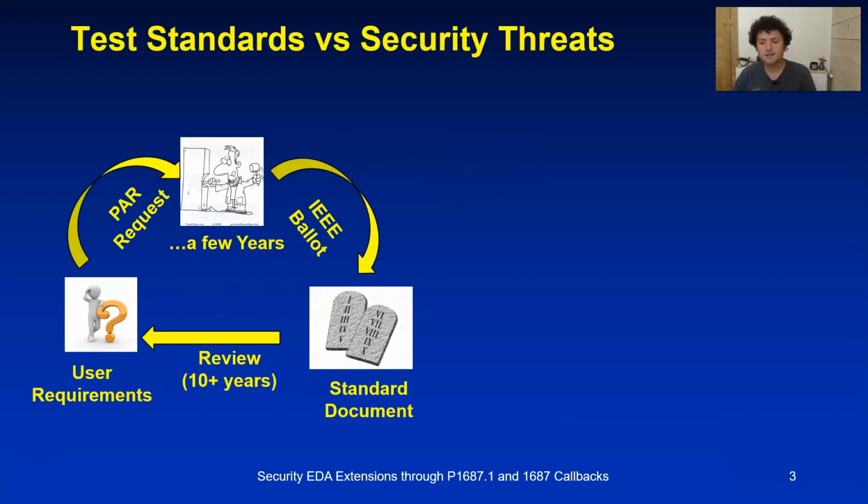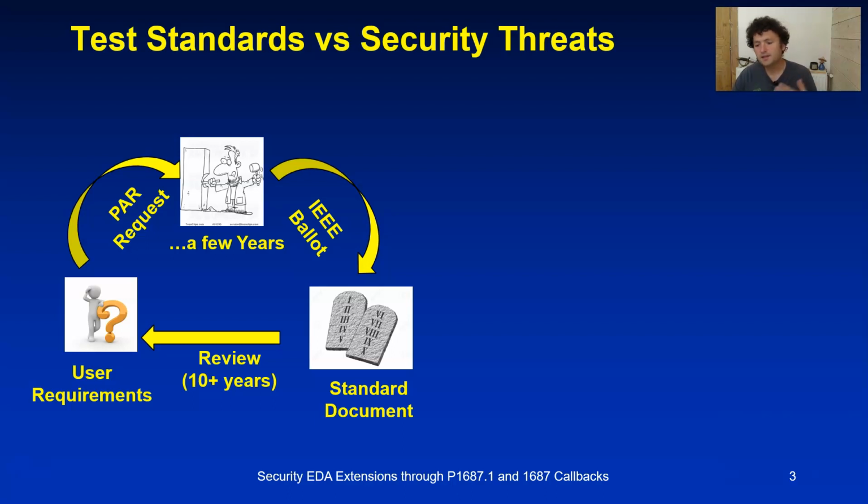So what is a test standard? Test standards always start from some user requirements, here in the bottom left-hand corner, where some users get together and issue a request for a PAR to IEEE to be able to start working as a working group.